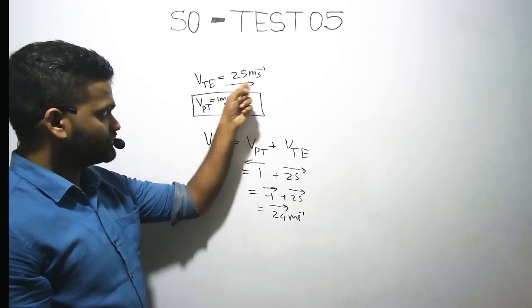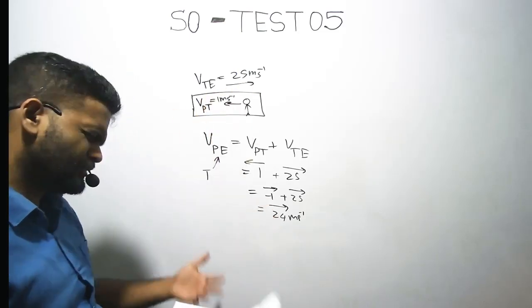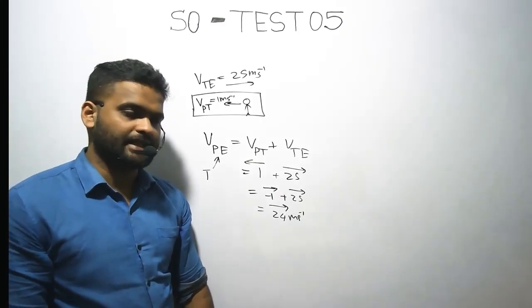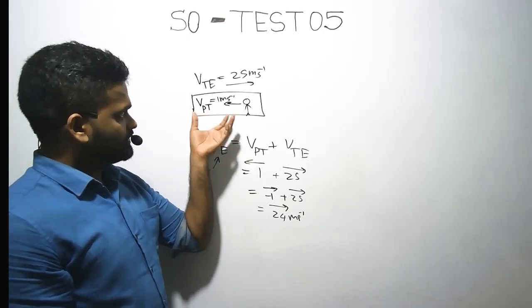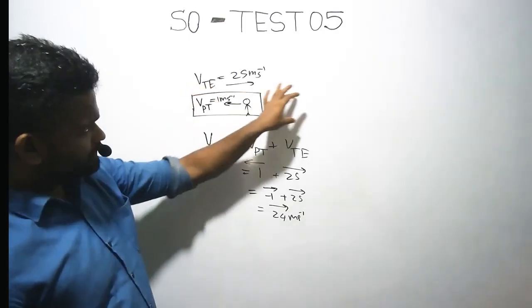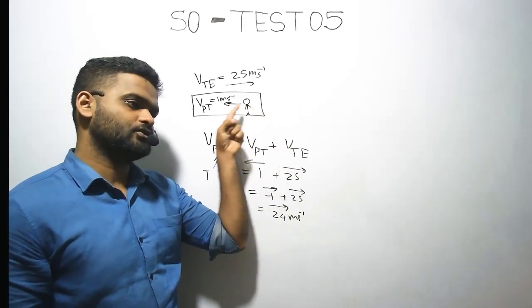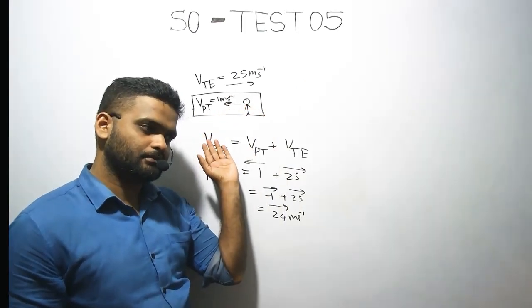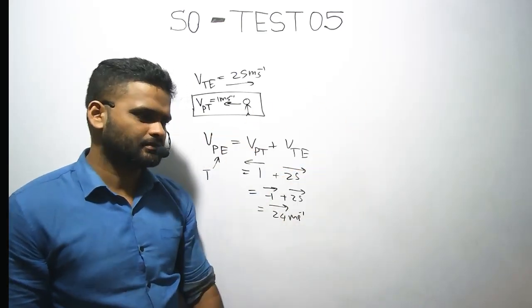See, these velocities are opposite, right? But you didn't add them. But once you get used to this, you automatically will get the answer. There's another way to think about this: as the train goes 25 meters to this side, the passenger inside the train moves 1 meter to the opposite side. So relative to Earth, the distance the passenger has moved is 24 meters, right?